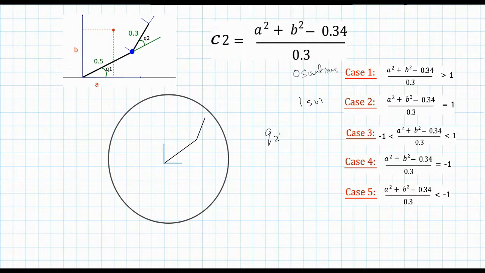q2 is equal to cosine inverse of this whole term, right? And there is another possibility that q2 is 2 pi minus, again, cosine inverse of this whole term.